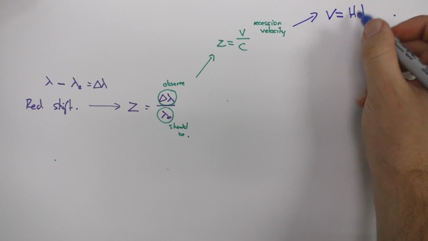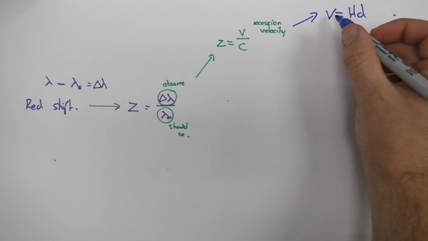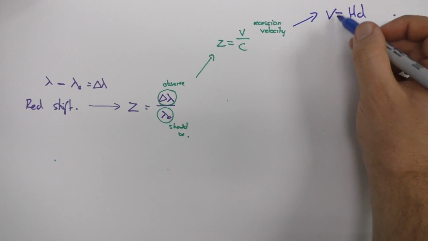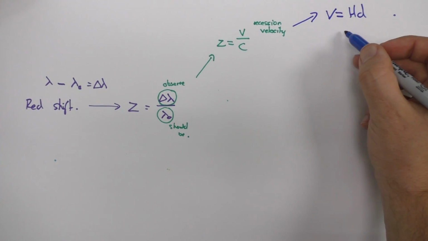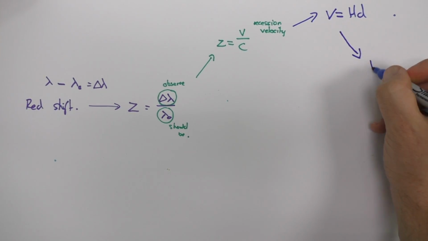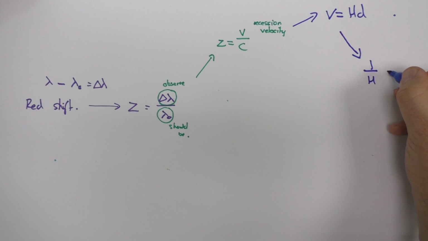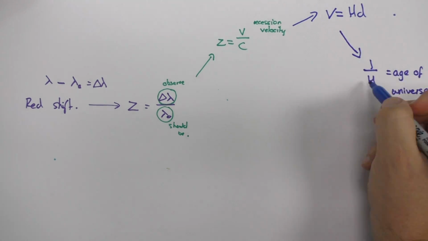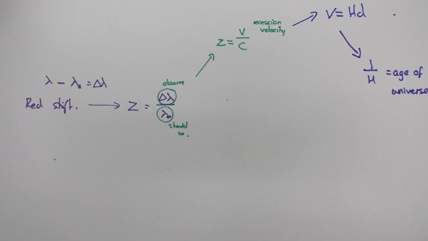So when we know the distance of a star or galaxy, and we know the recession velocity of it, we have the Hubble constant. And the Hubble constant leads us to a very interesting observation, because 1 divided by the Hubble constant is the age of the universe, obviously when the Hubble constant is converted from any other non-SI units.